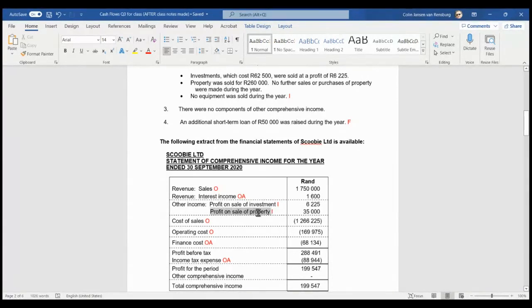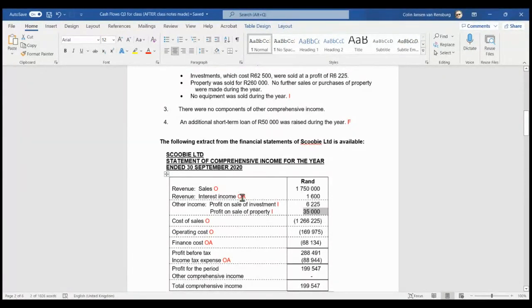So we're going to use that same description. We're going to copy it over, profit on sale of property. We're going to use that exact same amount. We're going to copy it over. And you can already see here that has been added to our sales and to our revenue to arrive at our profit before tax.